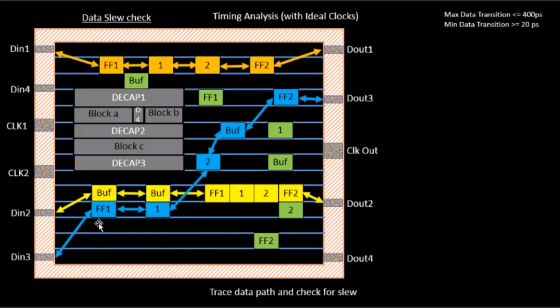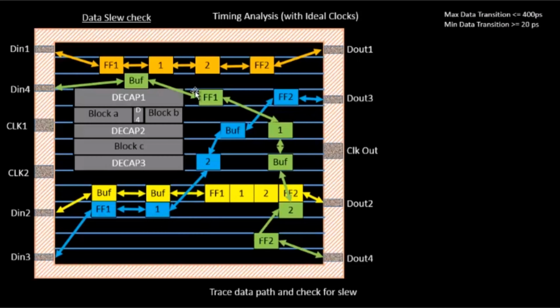Okay, so we check it for this yellow logic, we check it for blue logic, and we check it for the green logic, and we understand completely that the data transition lies in these limits, and then we proceed forward.